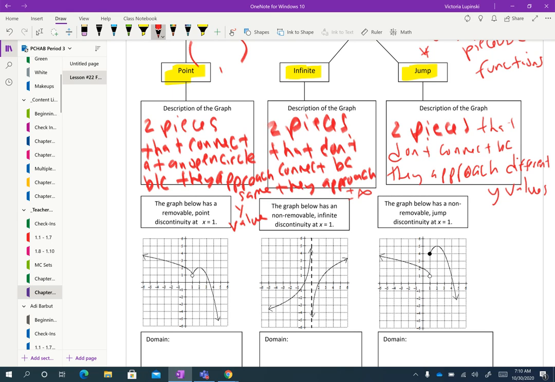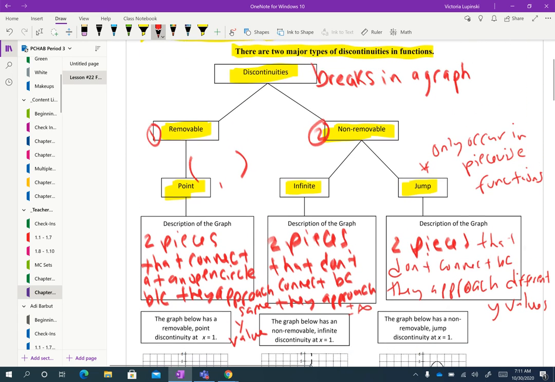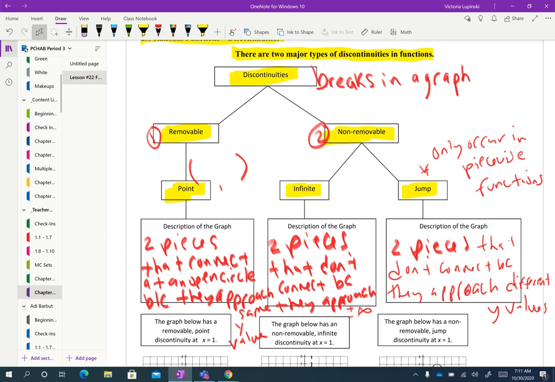As I've been trying to reiterate over the last couple of lessons, it's not just important that you can calculate, for example, where the point discontinuity is, but that you're also able to describe what is actually happening here. So give everybody a second to copy that down. And again, you should now have a visual. You're assuming that every function starts with an idea of being continuous from negative infinity to infinity.